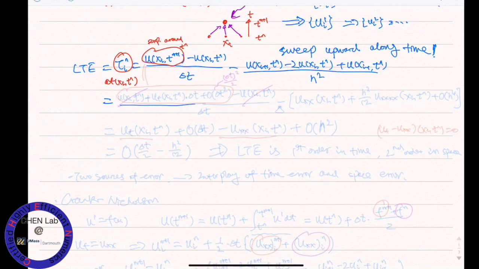So what we have is u(xi, tn), minus ut(xi, tn) times delta t, since tn+1 minus tn is delta t, plus order delta t squared, minus u(xi, tn). Just Taylor expansion, we did it many times. This divided by delta t.